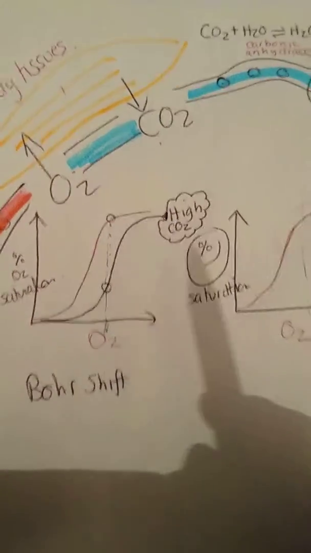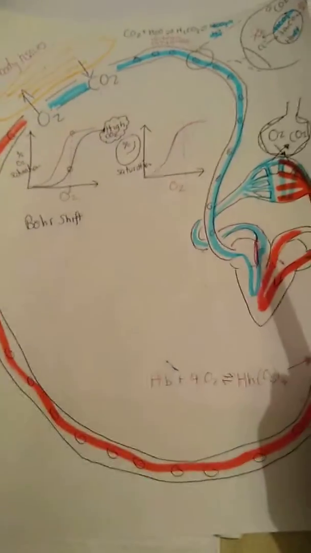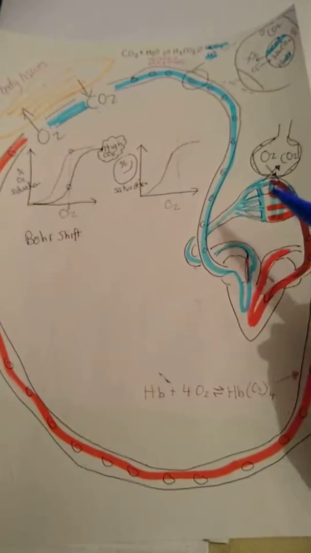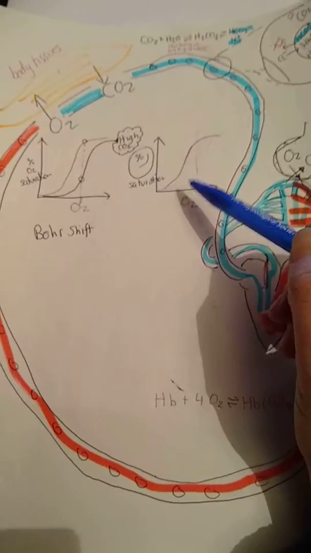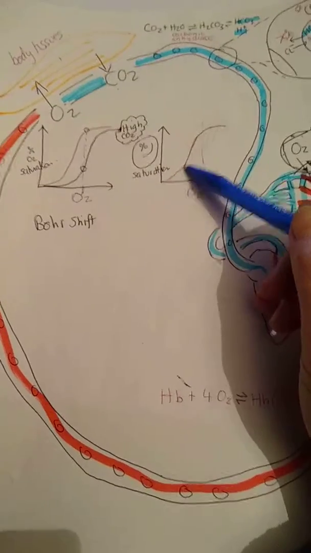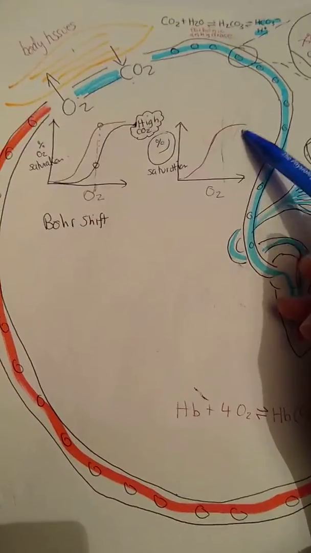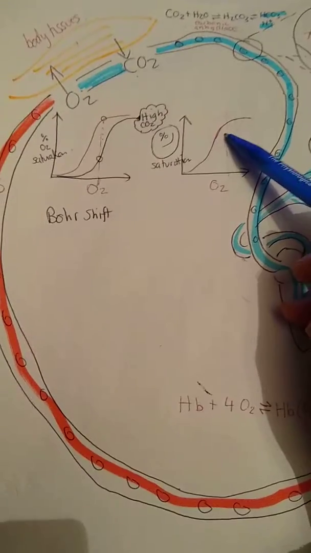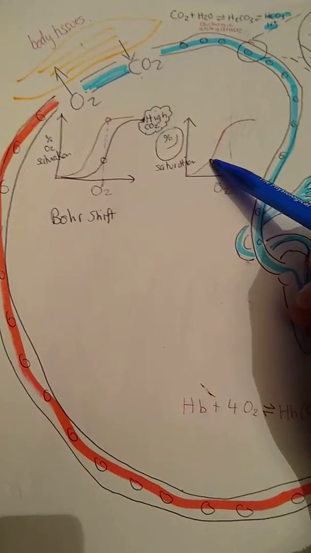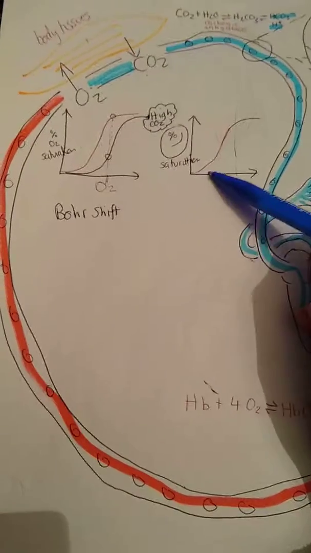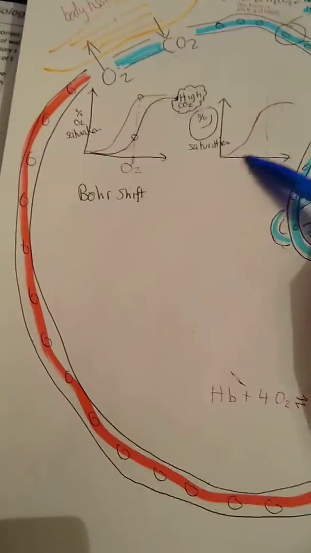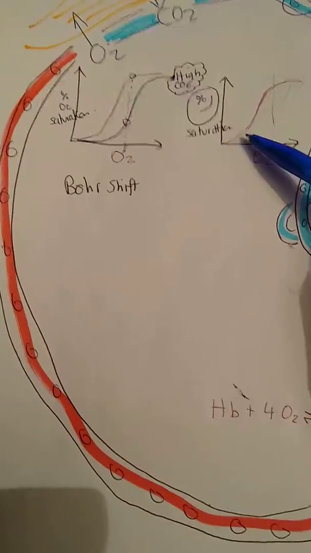Okay, so that's the big picture. Hopefully that's all you need to know. We just need to be able to say that in areas of high oxygen, the hemoglobin is saturated with oxygen, and low oxygen, we have a less amount of oxygen associated with the hemoglobin.